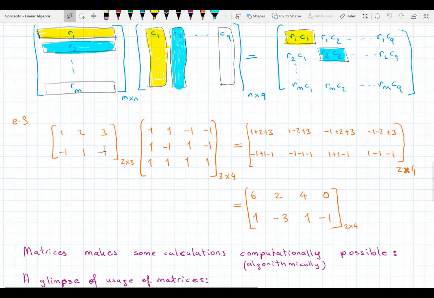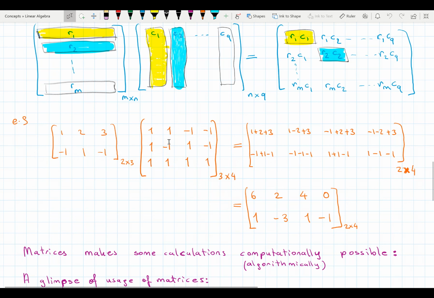Let's multiply two matrices, 1, 2, 3, minus 1, 1, minus 1. This times this, so this is 1 plus 2 plus 3, that's that entry. This times this, 1 minus 2 plus 3, that's that. This is minus 1 plus 2 plus 3, that's that. And this times this, minus 1 minus 2 plus 3, that's that. And second row, this times this, you have minus 1 plus 1 minus 1. And this one times this, you have minus 1 minus 1 minus 1, right?